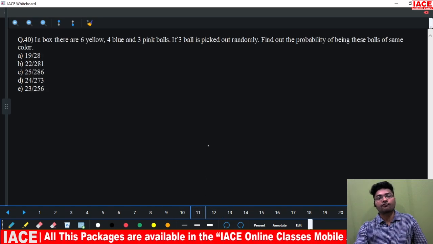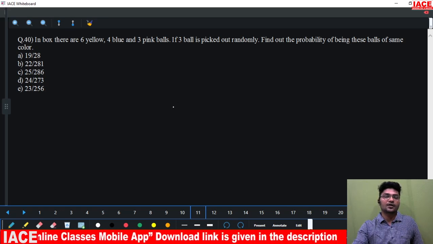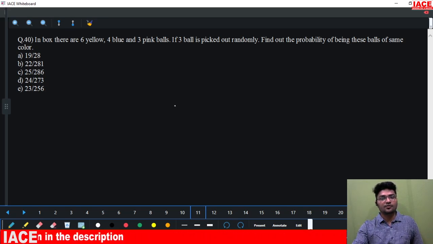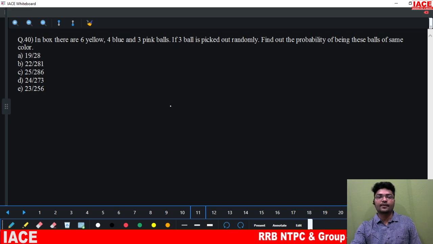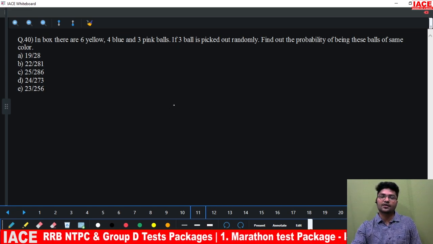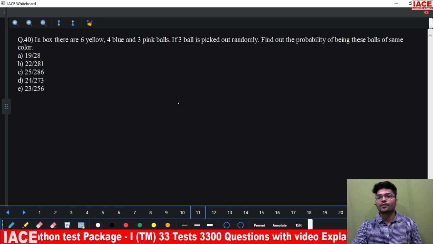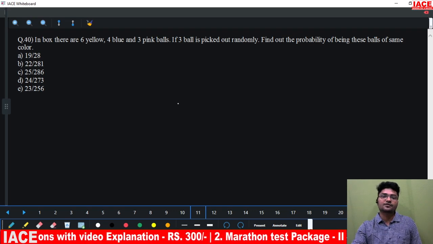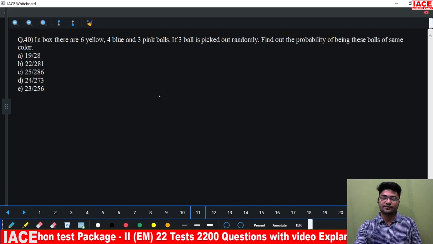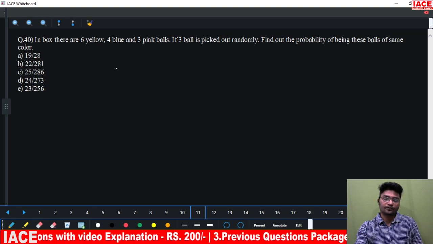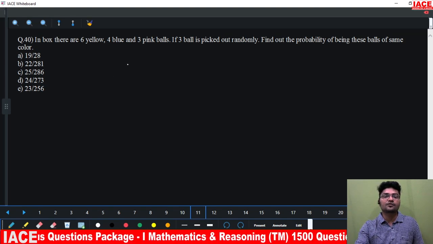Coming to question number 40. In a box, there are 6 yellow balls, 4 blue balls, and 3 pink balls. If 3 balls are picked out randomly, find the probability of these balls being of the same color. Same color means if I am picking only yellow, all 3 balls are yellow.